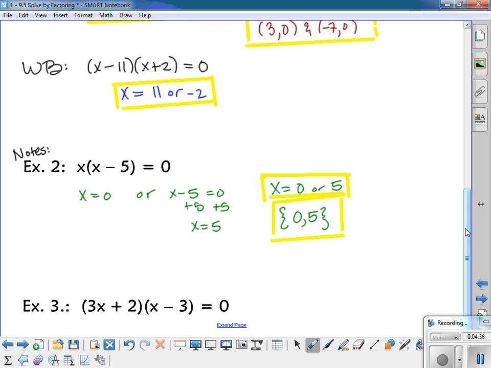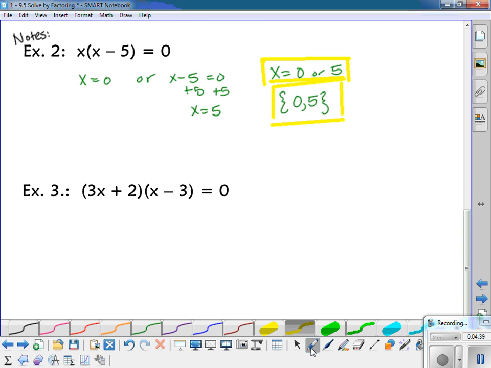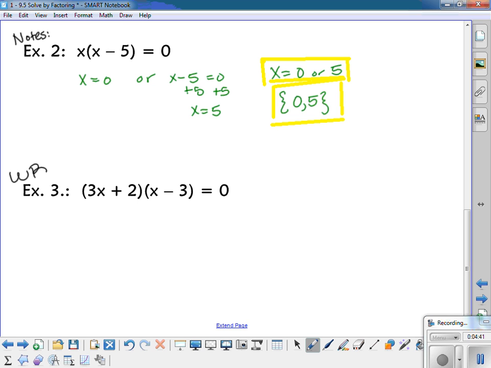All right, so let's have you guys do this one on your whiteboards. And don't freak out if one of them is a fraction, because one of them will be a fraction.